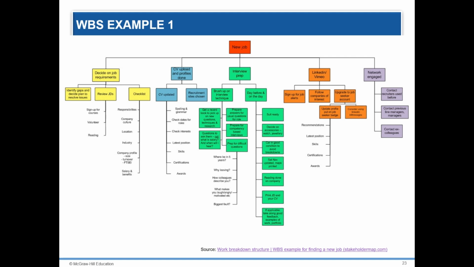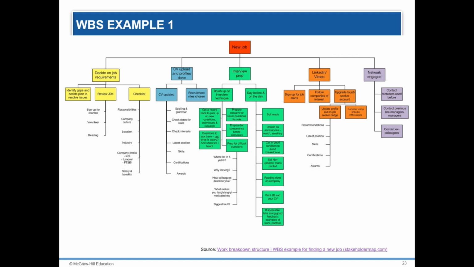This is another WBS example that illustrates a job application process, including a couple of major deliverables that are yellow, blue, green, orange, and purple. Within different sub-deliverables, there are smaller deliverables as well.